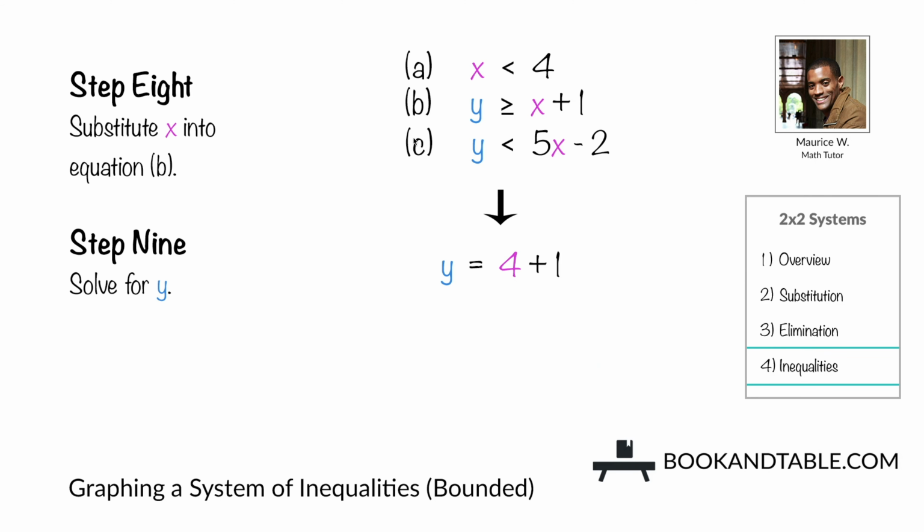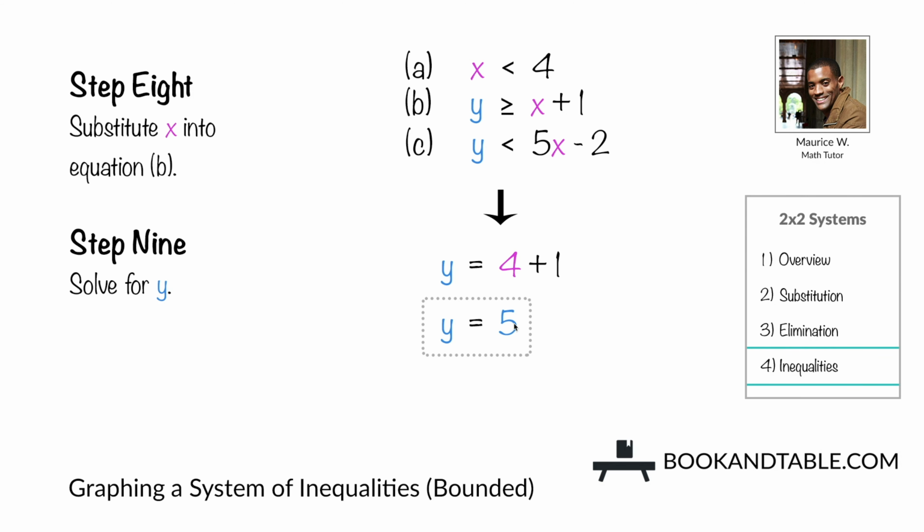So step 8, substitute x into equation B. So we're finding the vertex of A and B. Equation A is x is equal to 4. So we plug in that x into B here, giving us y is equal to 4 plus 1, which is equal to 5.